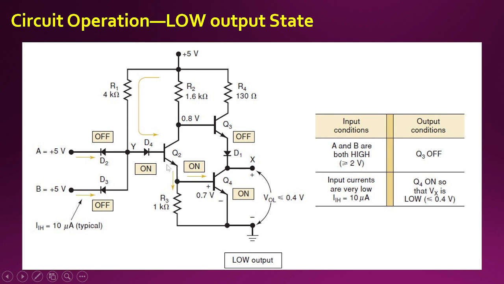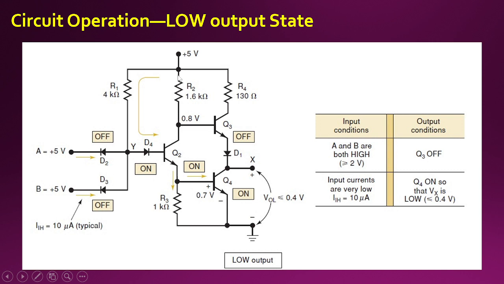Now when the collector to emitter current is flowing here, it branches into two. One of the currents is flowing through the R3 resistor, getting a drop which is more than 0.7, and a current is also entering into this particular transistor, which will actually switch on this particular transistor.